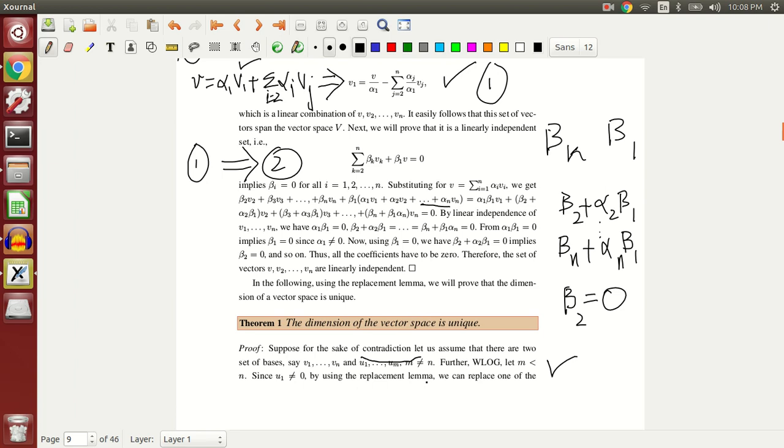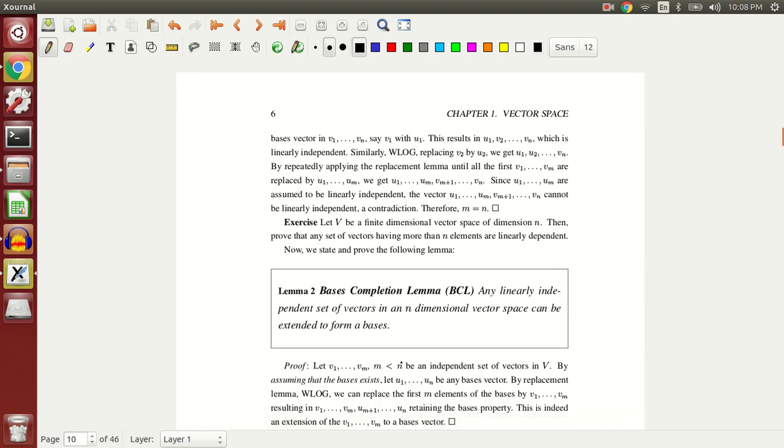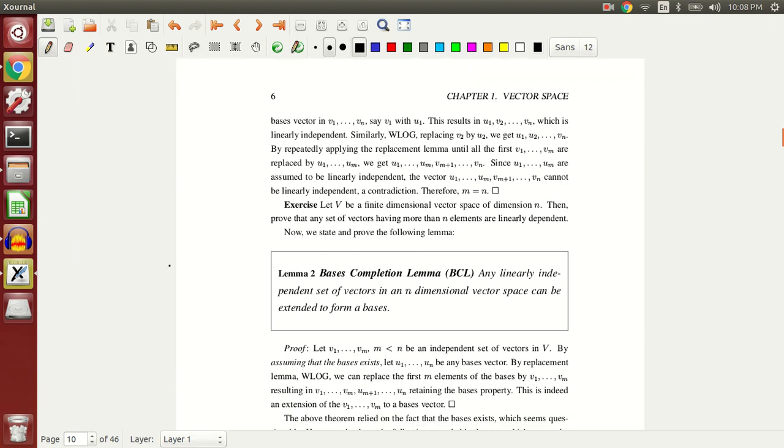We assume that both these are linearly independent. That is something that needs to be stated, but isn't here. But let's suppose that is true. So if we replace u1 in this set v1 to vn, this results in the set u1, v2 until vn, which is linearly independent.